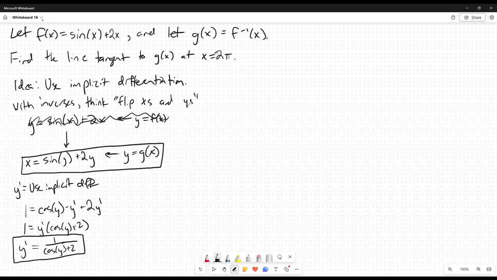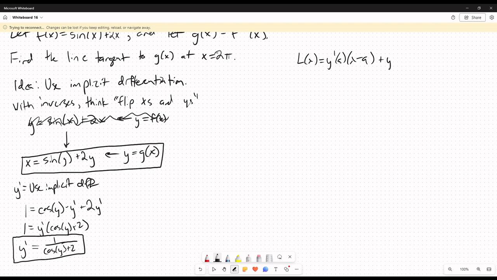So the tangent line is going to be given by L of x equals f prime, or I'll write y prime of a, times x minus a plus y of a. Or you might see it as y minus y naught equals m times x minus x naught.